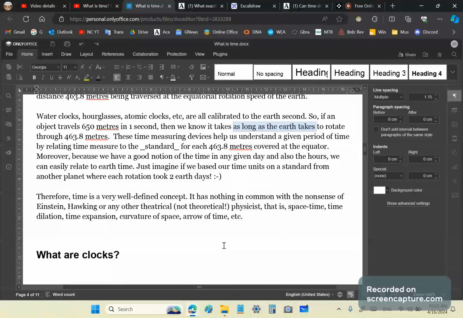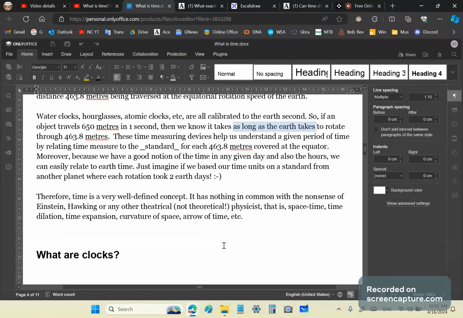They are dependent on the Earth. They're calibrated according to Earth time. So if you talk about so many cesium cycles, that's the case because that's approximately the time the Earth takes to move through 463 meters. So time, by the way, is a very well defined concept.